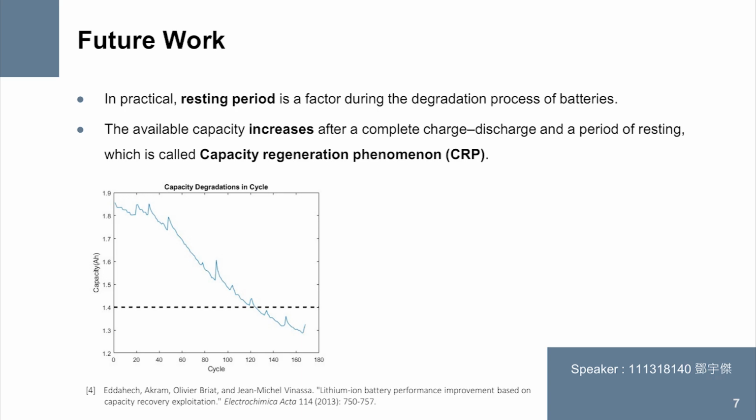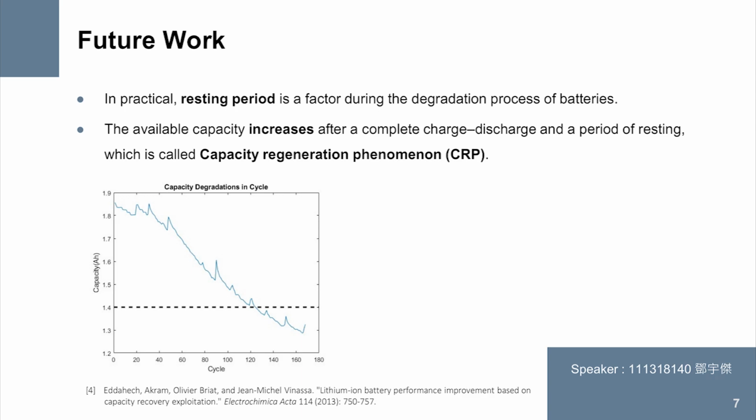For example, electric vehicles standing still at a parking space without being charged or discharged. A period of time in this situation is called a resting period. The regenerated capacity during the resting period could prolong the useful life of batteries, which means that the resting period is a factor during the degradation process of batteries.